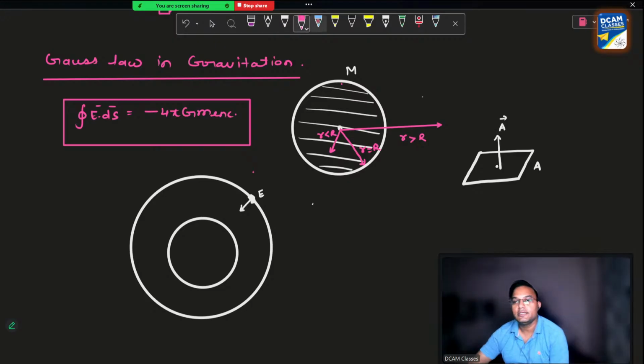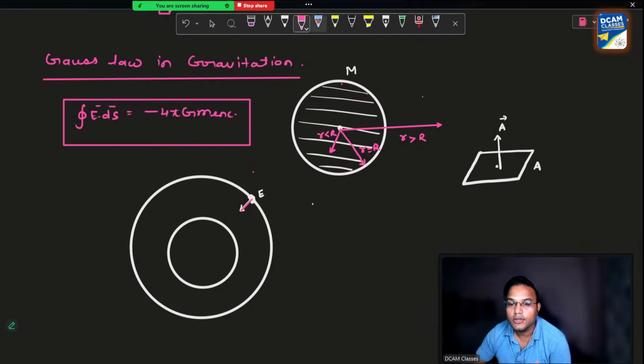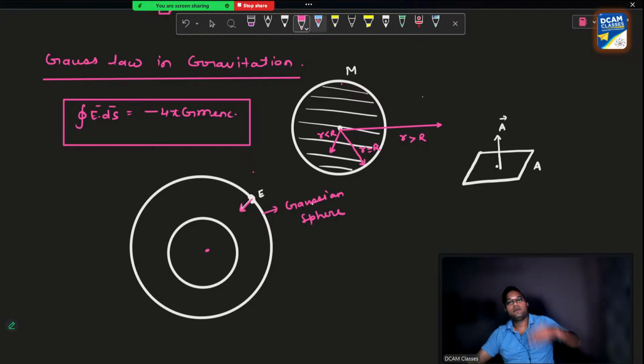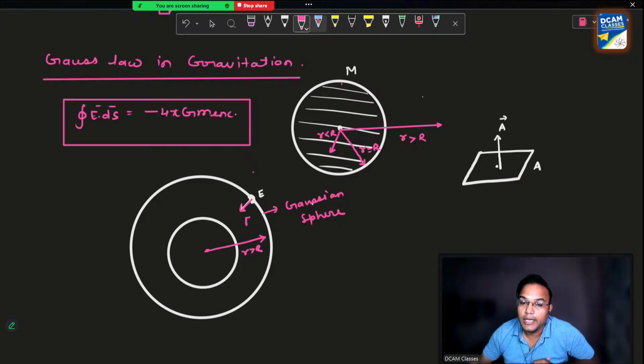Able to understand? Now see how we draw the Gaussian sphere. This is a Gaussian sphere. The Gaussian surface is drawn at the point where we want to find out the field, such that the area vector is parallel to the field vector. I'm not able to give you the visualization.